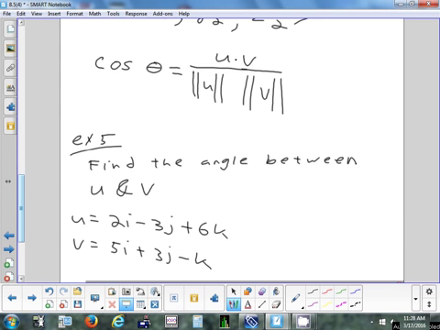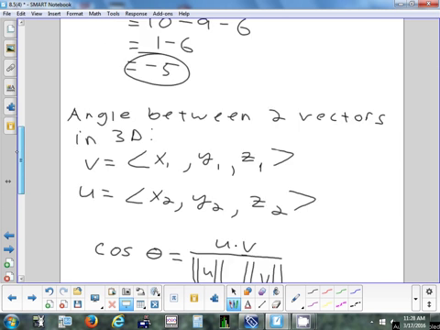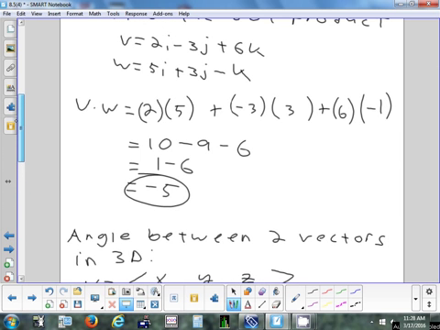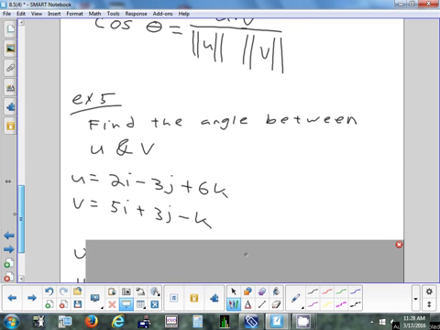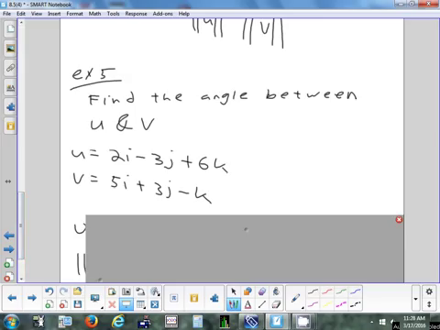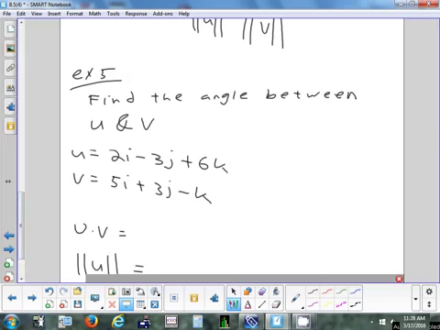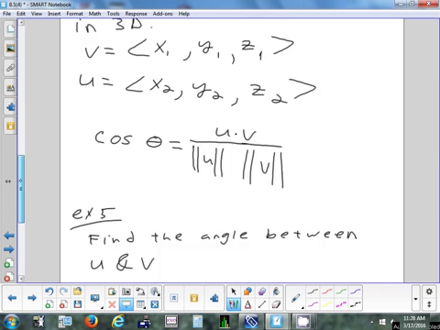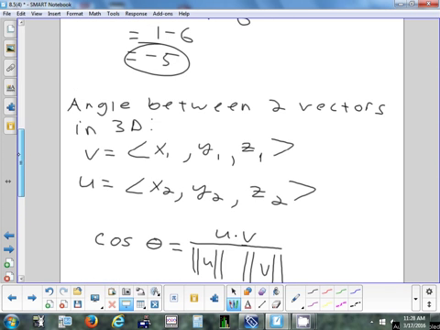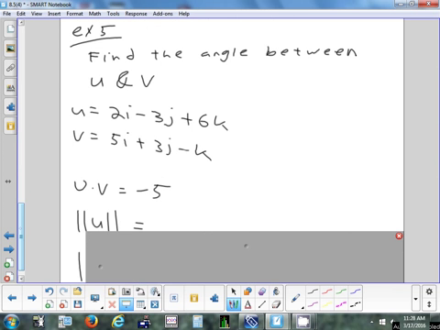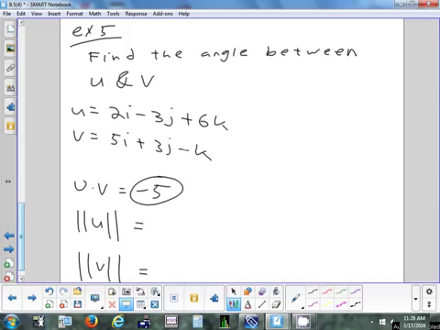All right, I think these are the same vectors I just had up above: 2i minus 3j plus 6k, and 5i plus 3j minus k. So we already know the dot product. That's what we just did up above. Now we need the magnitude of u and the magnitude of v.